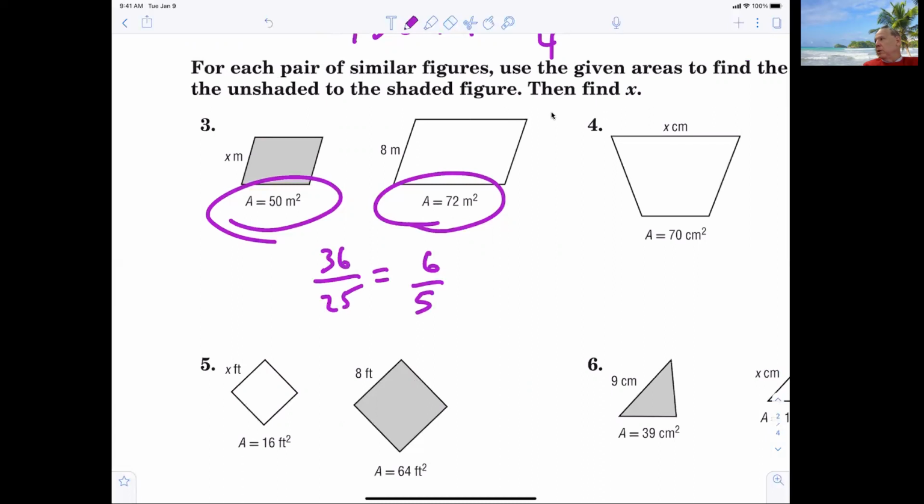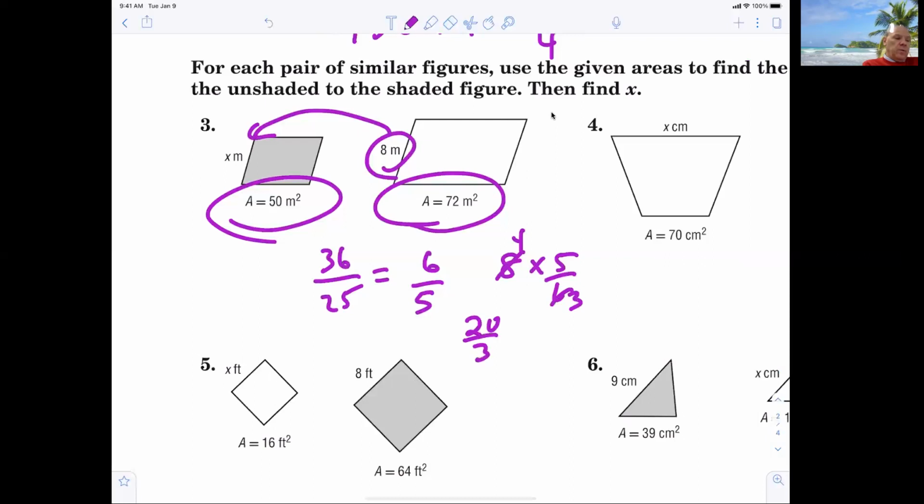Do you agree with that or not? Now you understand? Right. Now I'm at the large, and I need to get to the small. So it's just 8 divided by 6/5, or 8 times 5/6, which is 40 over 6, or 20 over 3 meters.